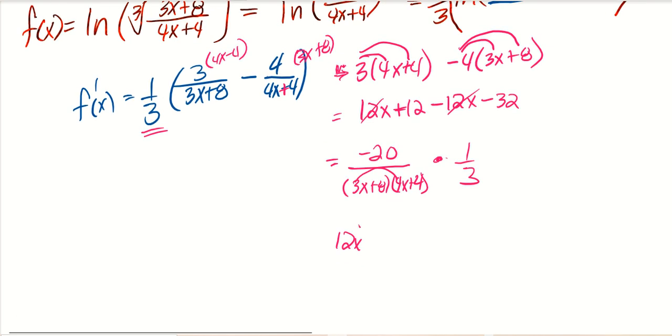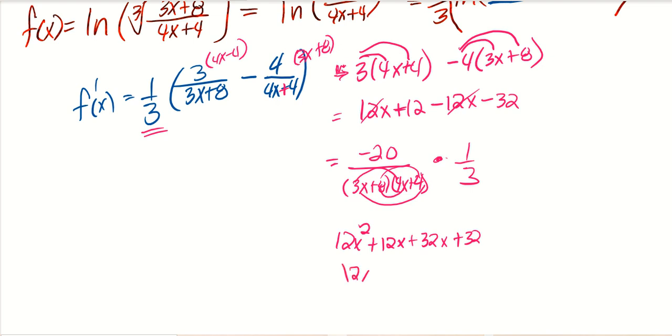So this would be 12x squared plus 12x, and plus a 32x, then plus a 32. This is all for my denominator. So this will give us 12x squared plus 44x plus 32.